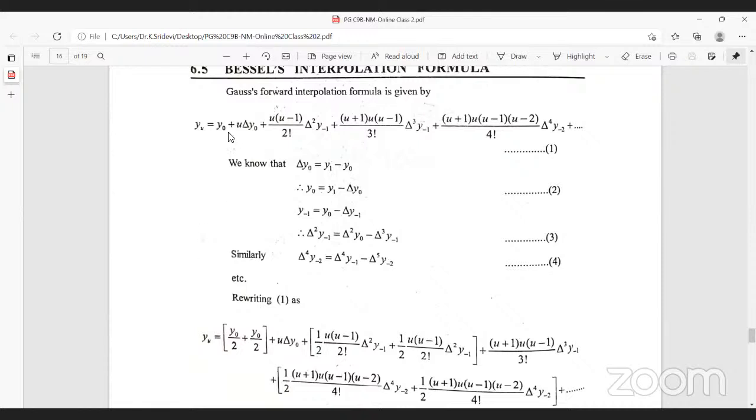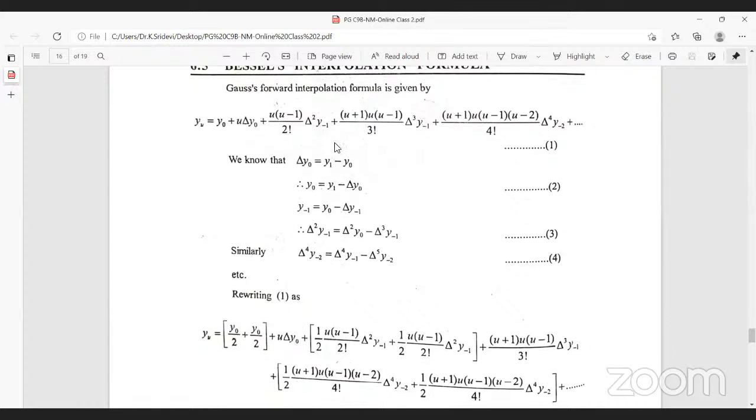So now if you take the first one, what is y naught? Y naught can be written as y naught by 2 plus y naught by 2. If you write like this, you will get y naught. The value cannot be changed. And the second term is as it is.